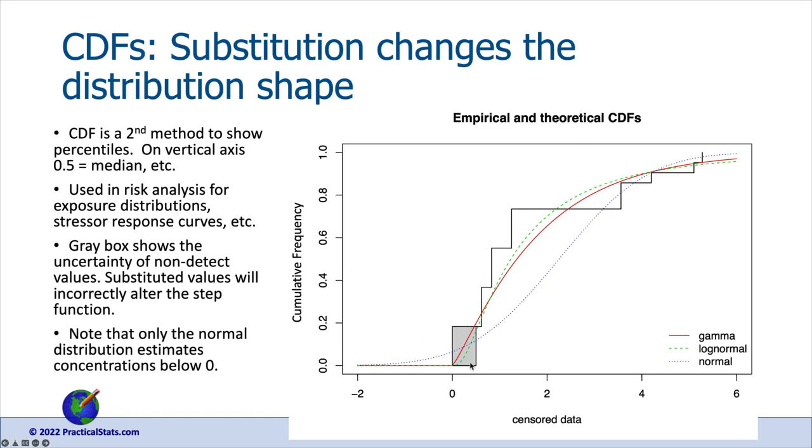The gray box shows the uncertainty with non-detects, so it's honest if it's done well. If you just stuck in a half the detection limit, it would pick some direction depending on the concentration you pick. Somewhere around half the detection limit would be to the right of 0. And then the rest of these percentiles would be affected by that as well. So it is not a good result if you put in half the detection limit.